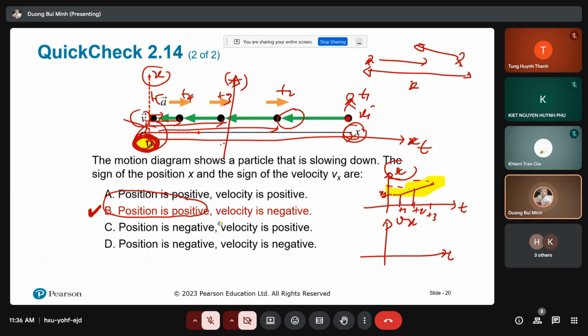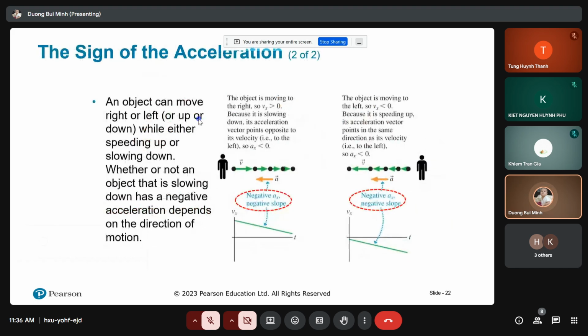Or we can say velocity is negative because the displacement is decreased gradually. Okay. So for here, observe this one. Here is V, here is A. You know, V. Yeah, you stay here.